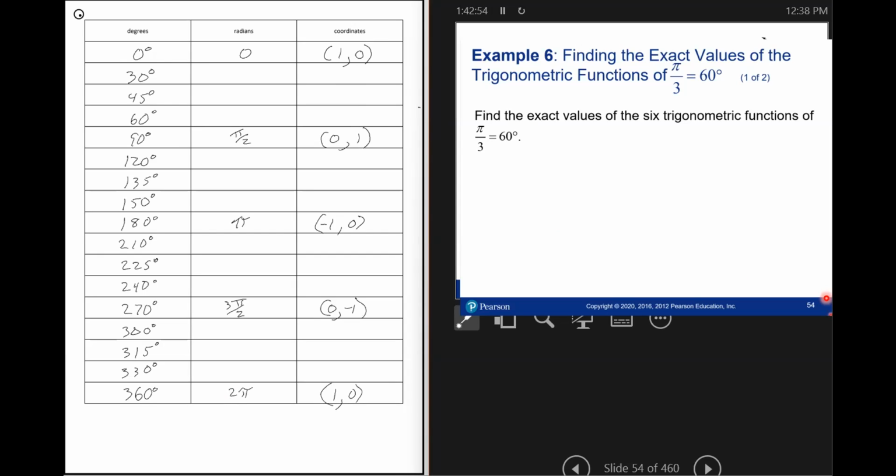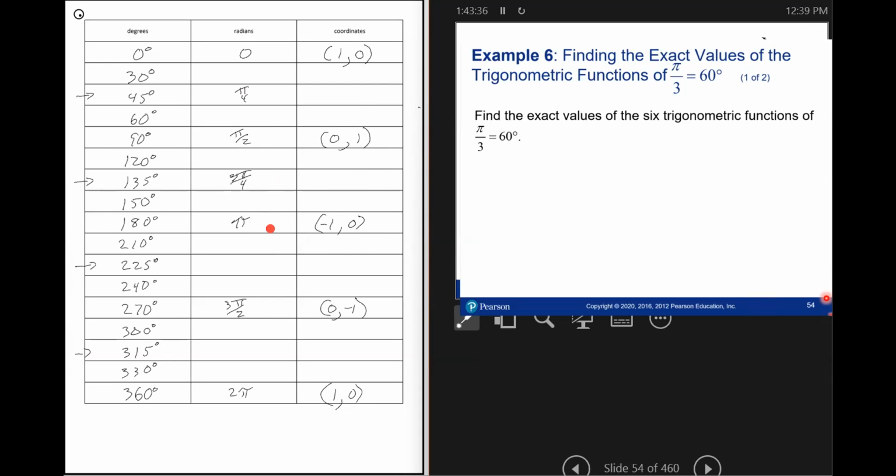The 45-degree angles, which are 45, 135, 225, and 315, they're fourths. So we have 1/4 here, so that's pi over 4. 90 is 2/4, so 135 is 3/4, so that's 3 pi over 4.